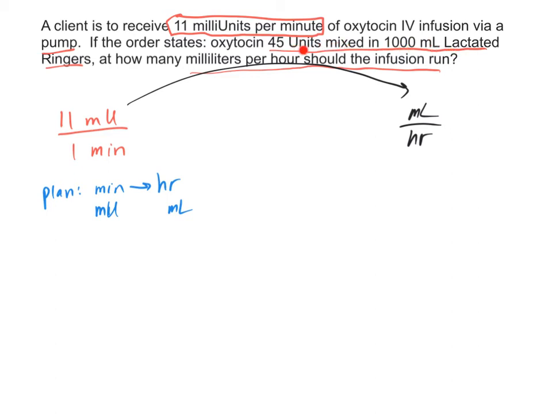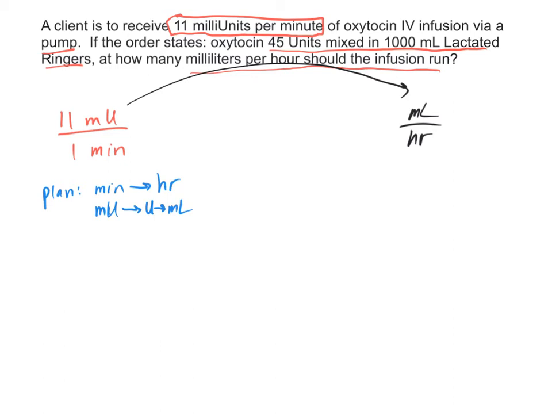So this strength is not a direct conversion from milliunits to milliliters. However, this idea of milliunits and units is very similar to what we saw with milliequivalents and milligrams and grams. These are metric units. So what I can do is convert first, I can convert milliunits into an equivalent number of units, and then use the strength of the bag to convert that into milliliters.